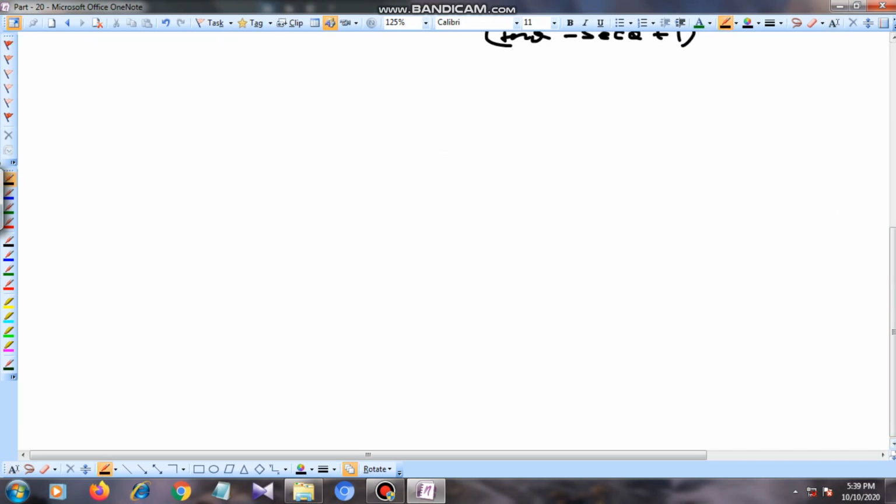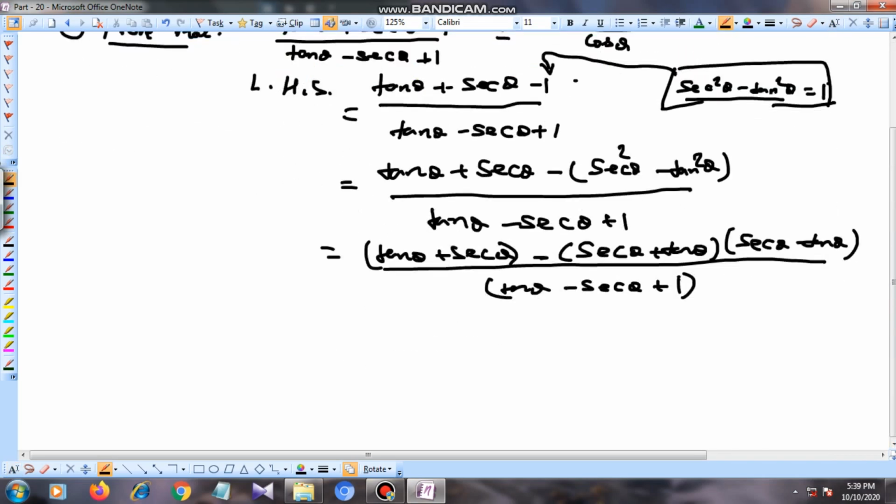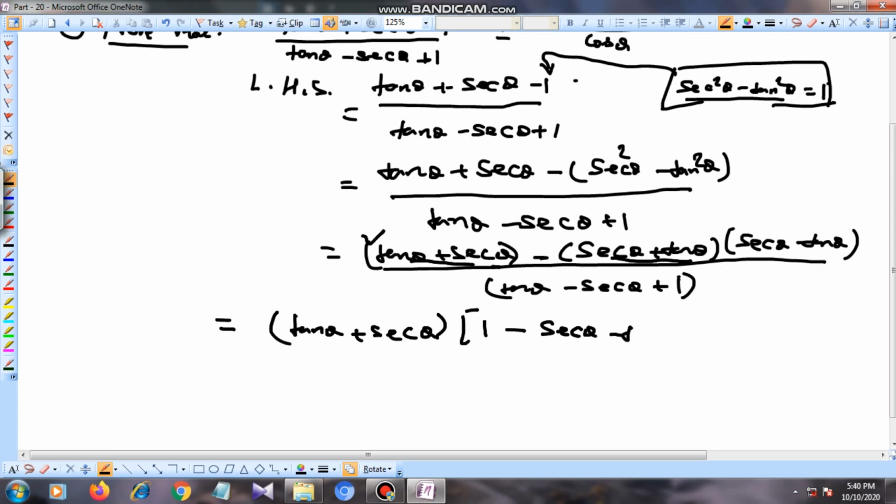Now this is tan theta plus sec theta. Taking the common factor, sec theta plus tan theta is common in both terms, so taking it as common, the rest in the bracket is 1 minus sec theta minus tan theta, upon tan theta minus sec theta plus 1.